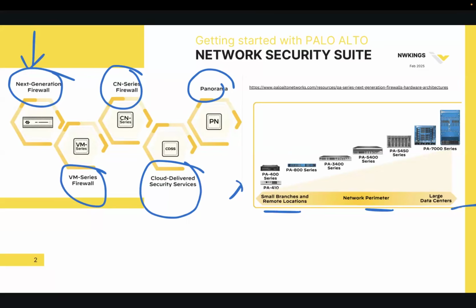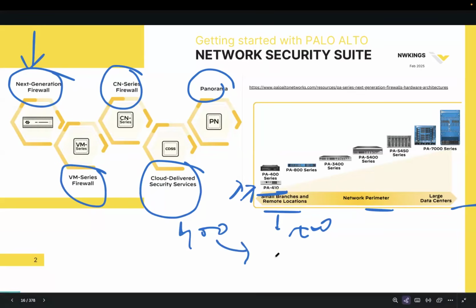Like every vendor, Palo Alto also has different model numbers or series numbers. The smallest one is 410. 220 is also there, but it's not mentioned; I'll show you that. The smallest series of firewalls starts with 410 for basic capabilities, which is the 400 series. When I say series, it means models like 410, 420.